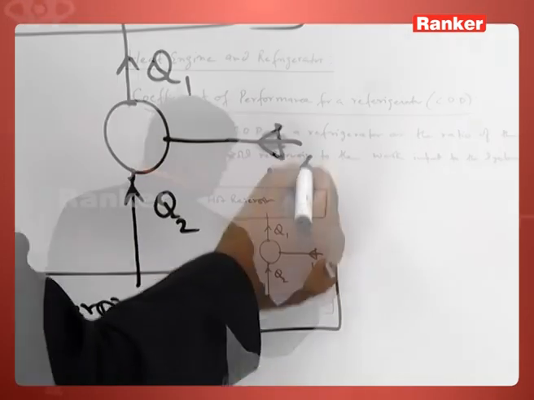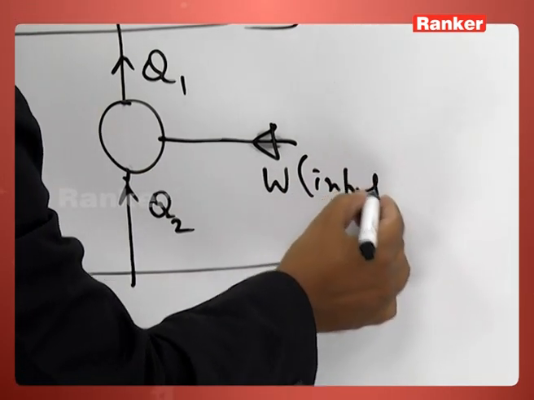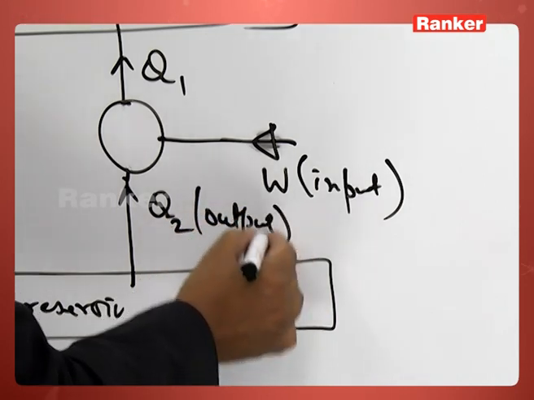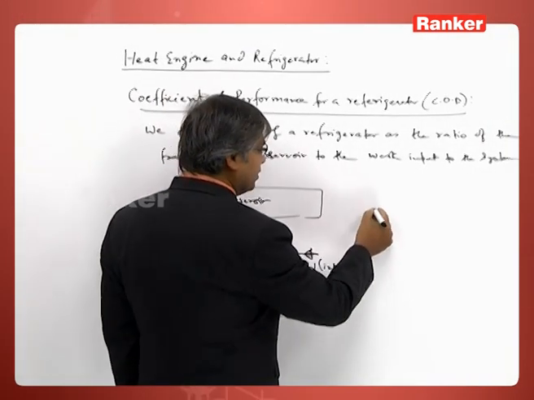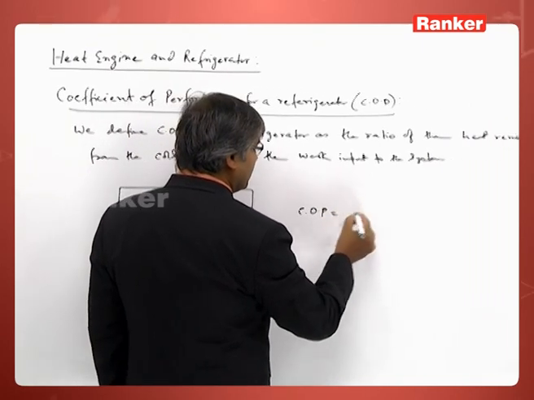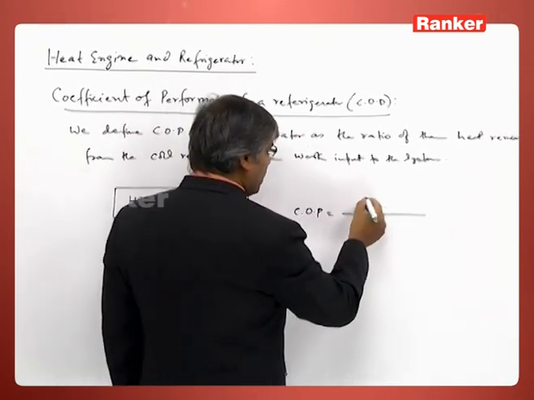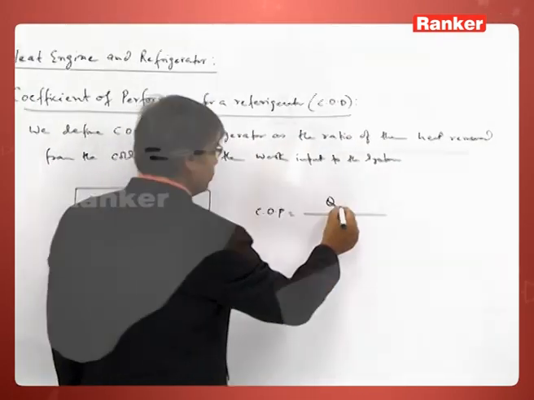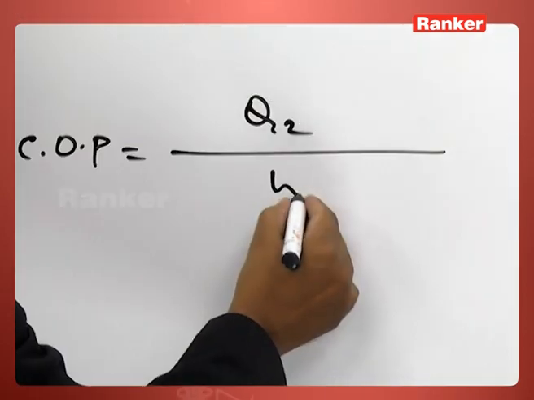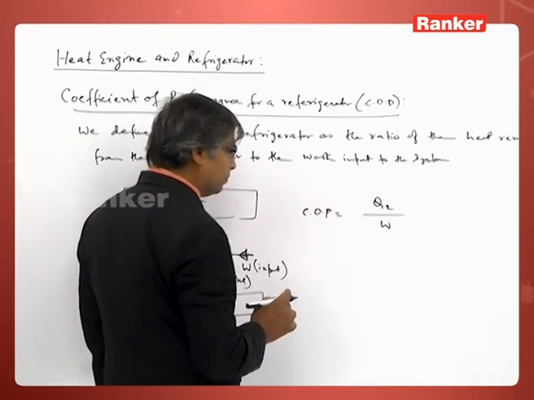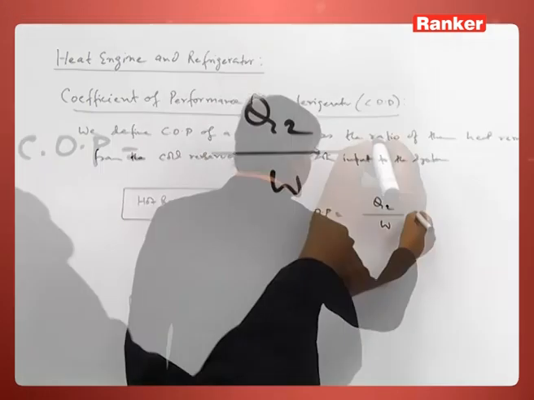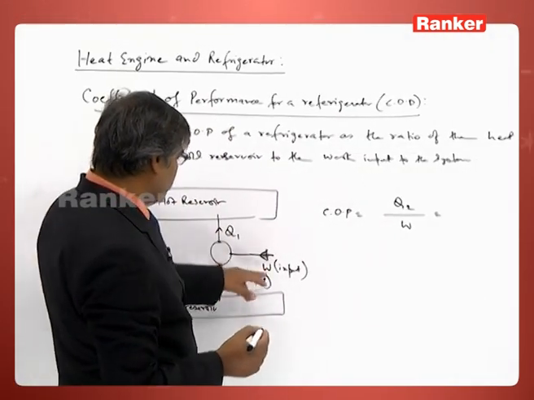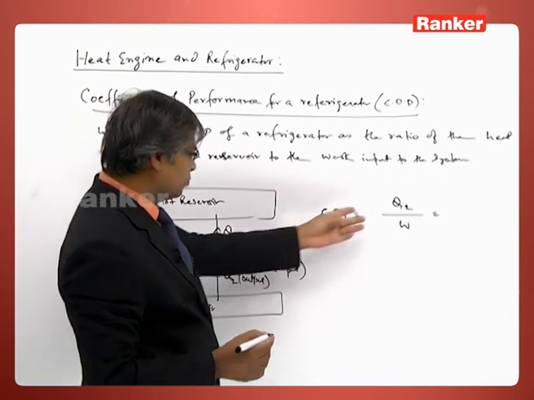So this work is the input and Q2 is the output, what we get and what we pay. So we define COP as what we are getting, Q2, by what we are giving as input, W. So this is only Q2 by W.